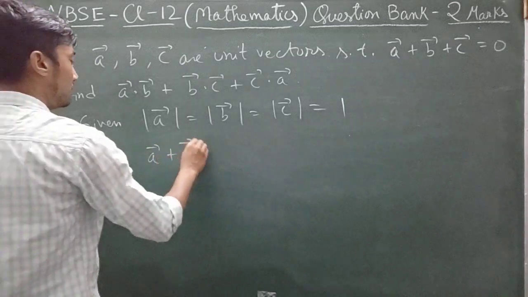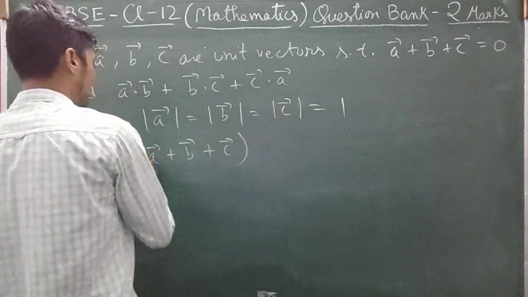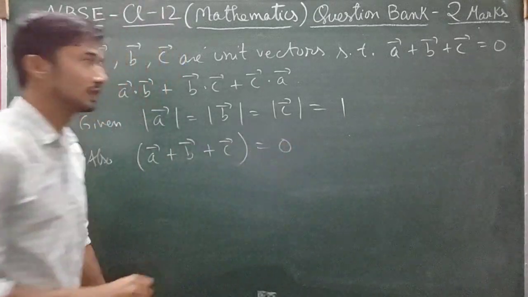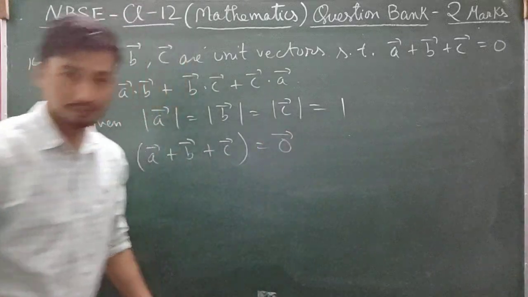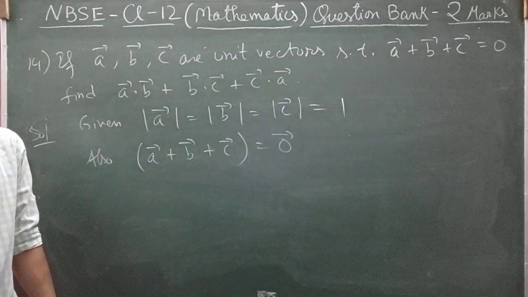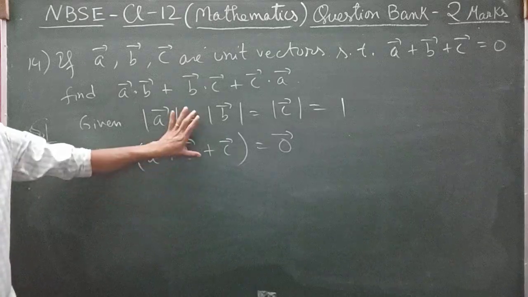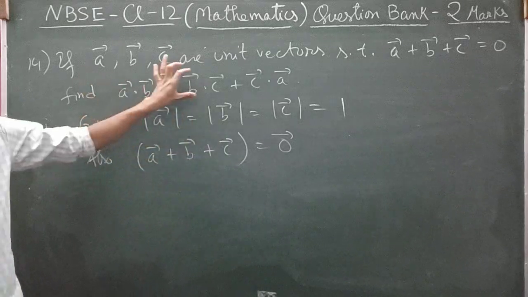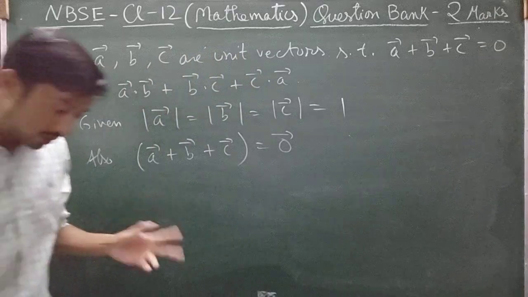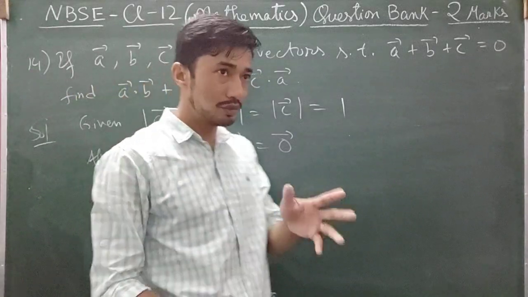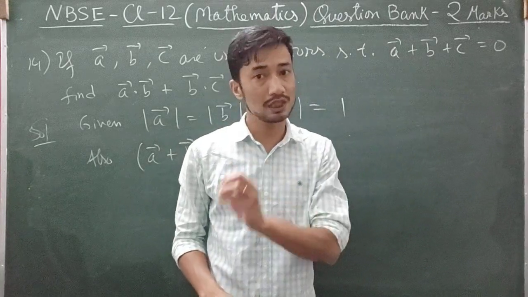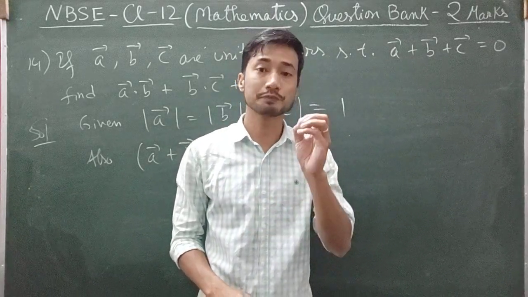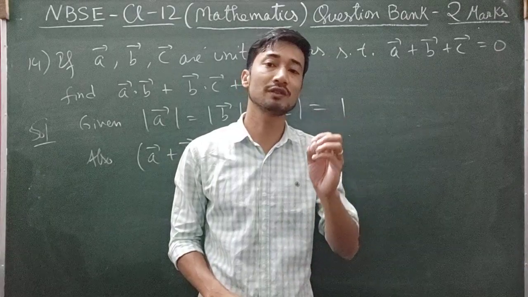Also, A plus B plus C, the sum of these 3 vectors, is 0, the zero vector. Now what shall we do? Using these two pieces of information, we are supposed to find the value of A dot B plus B dot C plus C dot A. If you remember the formula of (a plus b plus c) whole square, that's a square plus b square plus c square plus twice ab plus twice bc plus twice ac.